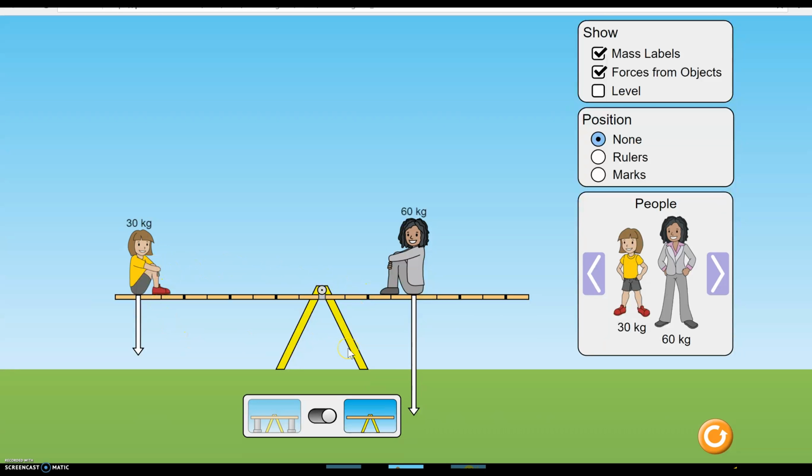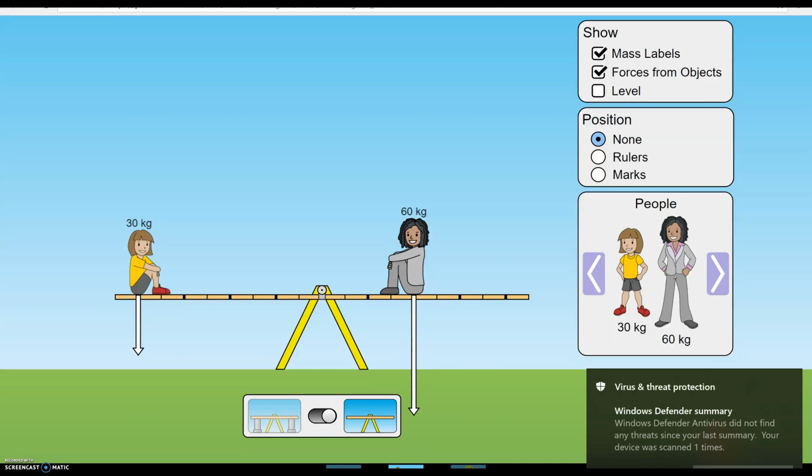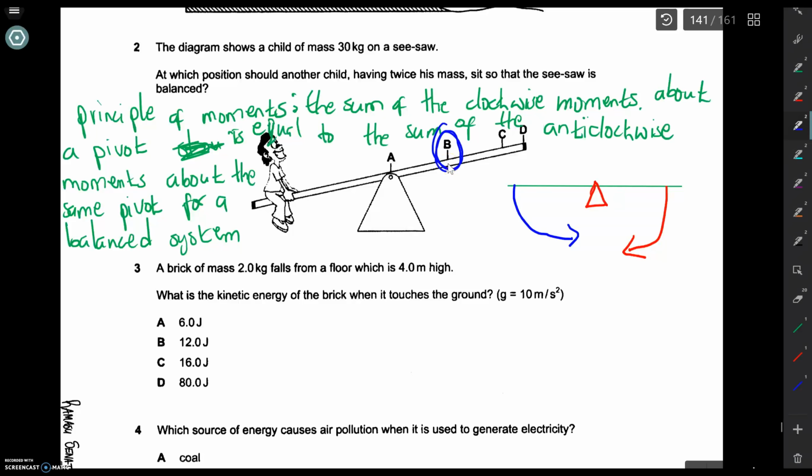So this is where the principle of moments comes from. So for a balanced system, the clockwise moment about a certain pivot should be equal to the anti-clockwise moments about the same pivot. Okay, our answer here should be B.